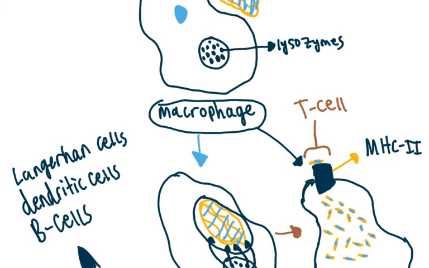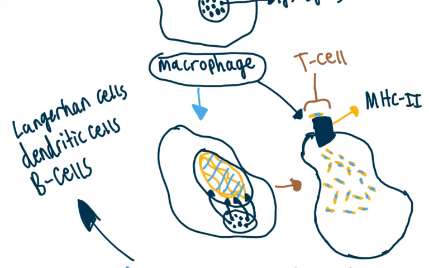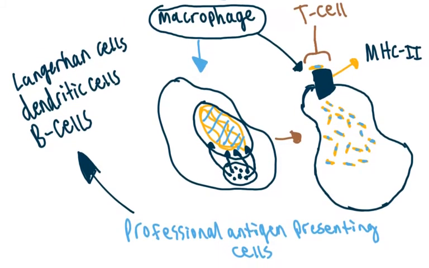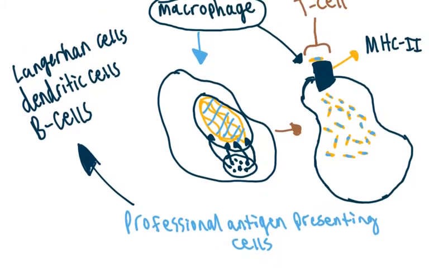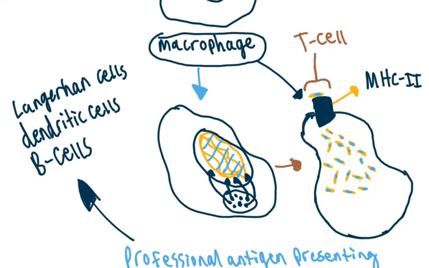But anyway, we'll talk more about skin in our skin playlist for physiology in a future playlist. For now, just know that some professional antigen presenting cells are macrophages, Langerhans cells, dendritic cells, and B cells.